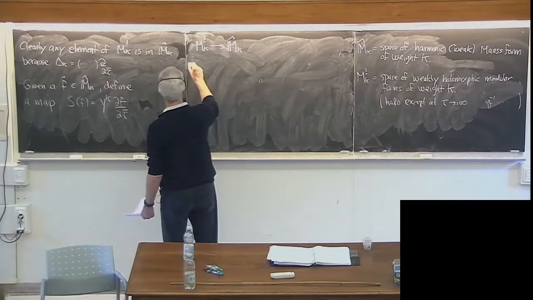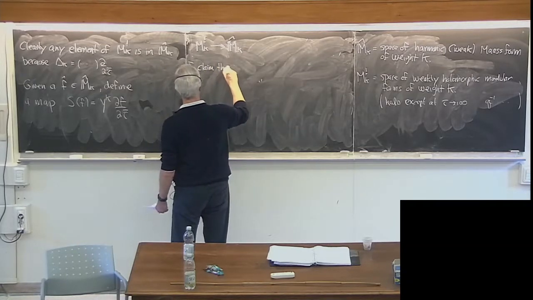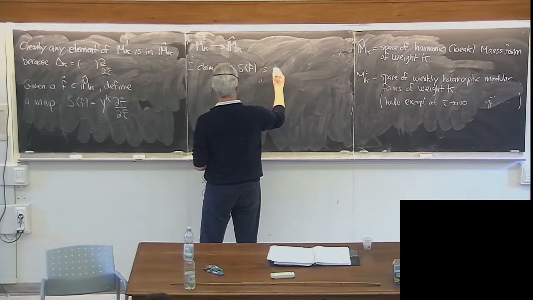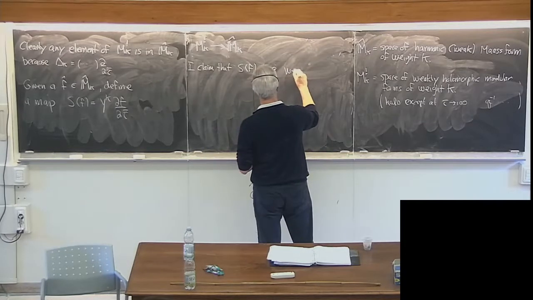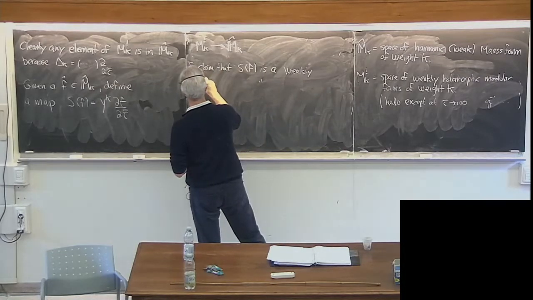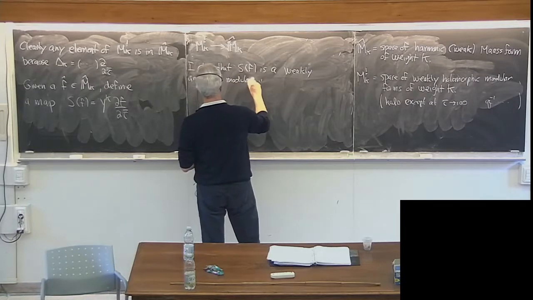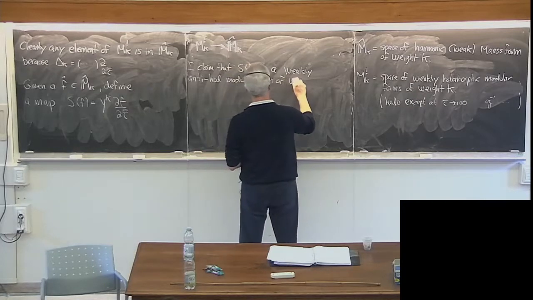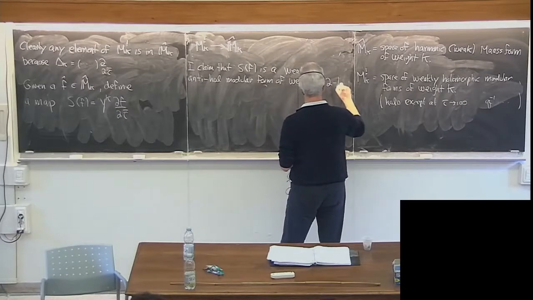So I claim that S of f is a weakly anti-holomorphic modular form of weight 2 minus k.